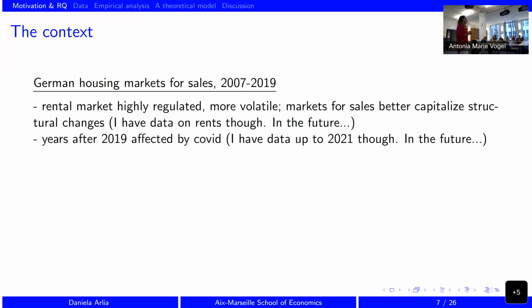I also have observations for years after 2019, but I am excluding them because of COVID. Maybe in the future I will also use them.